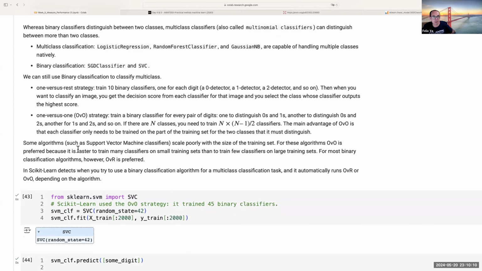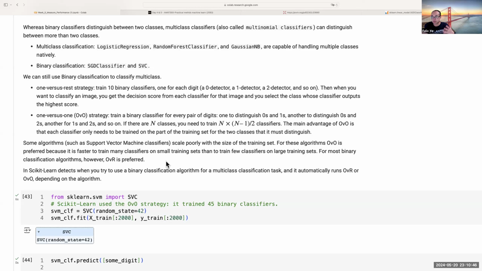There's also another issue. For example, SVM scales pretty poorly with the size of the training set. We have a 70,000 sample data set, which is a lot of data, and it's usually not a good idea to use SVM. So in this case, one versus one is much preferred, because with one versus one, each data set will be a couple thousand samples. Training on only a couple thousand samples is significantly cheaper than training on the whole data set.